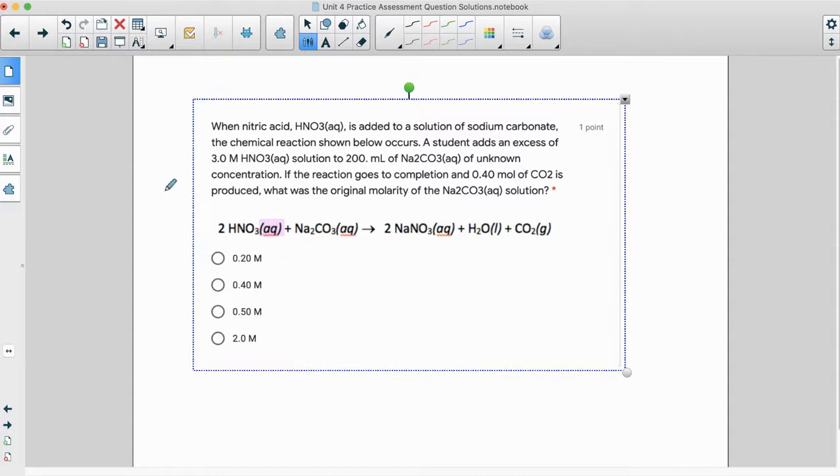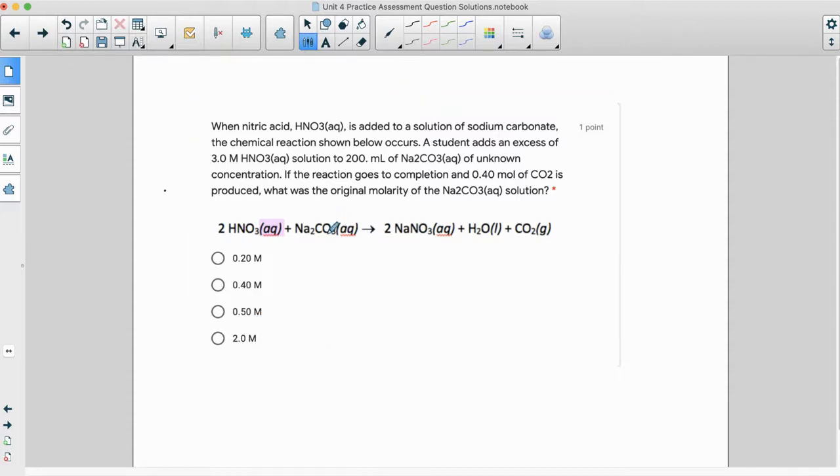This next one, we've got nitric acid added to sodium carbonate. It says here that 0.4 moles of CO2 is produced, and it's asking what the original molarity of the sodium carbonate solution is.